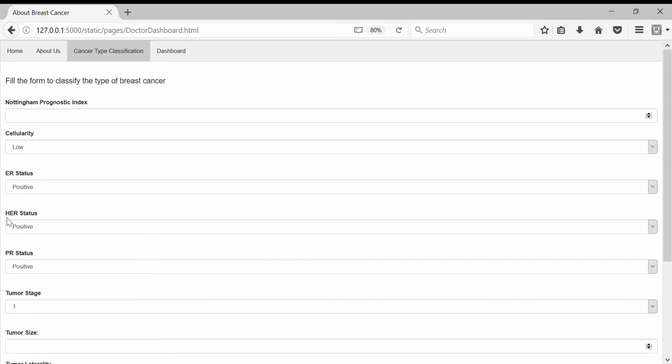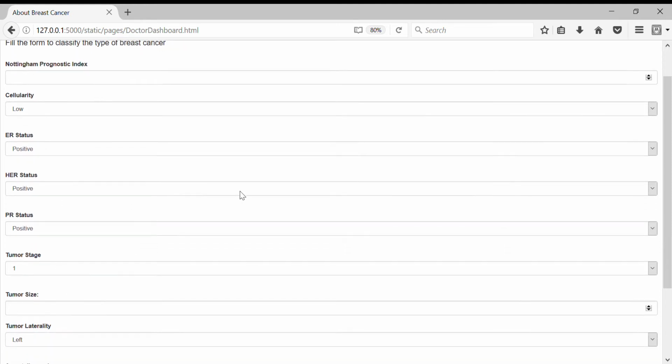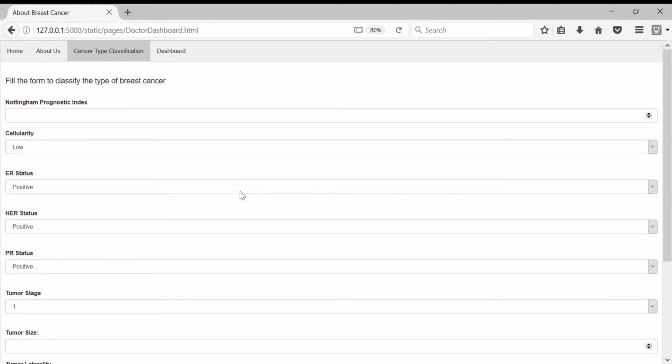And ER, HER, and PR are medical terms: ER is estrogen status, which can be positive or negative, and PR is progesterone, sorry. Based on this, we are classifying the output, the probability of which type of cancer it is for the given input.